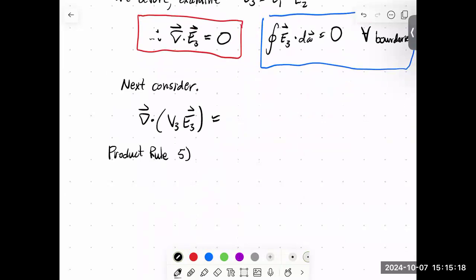If you go to the inside cover of Griffiths, you'll see a product rule for the divergence of a scalar times a vector. It is V3 times the divergence of E3 plus E3 dot the gradient of V3.